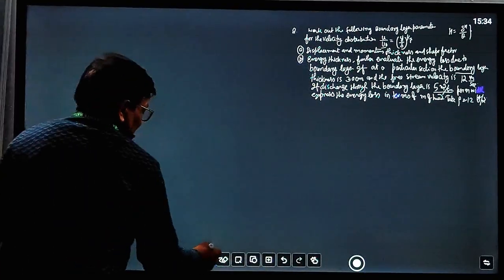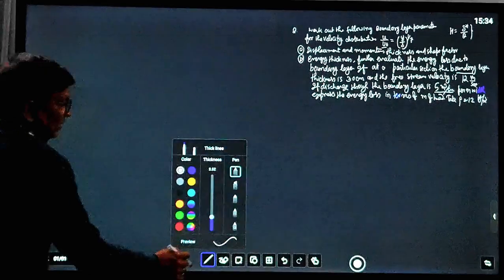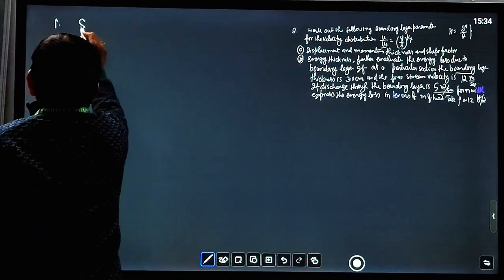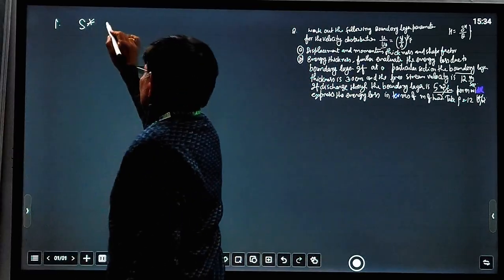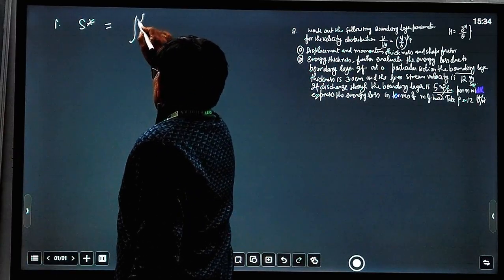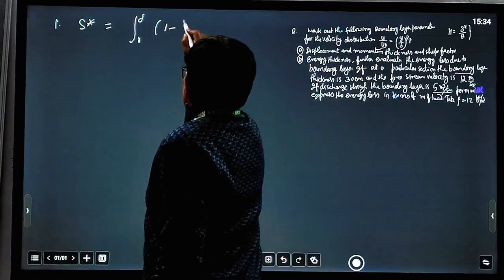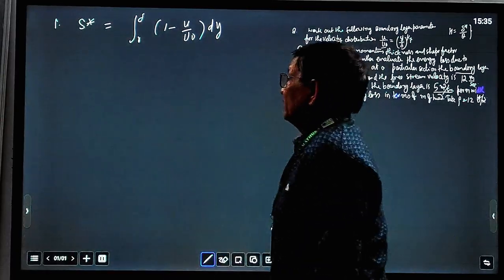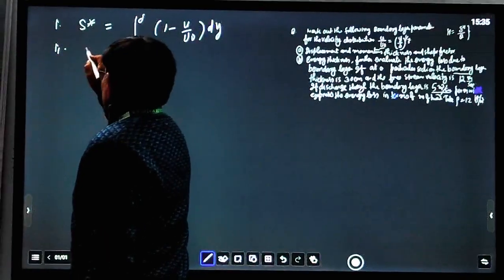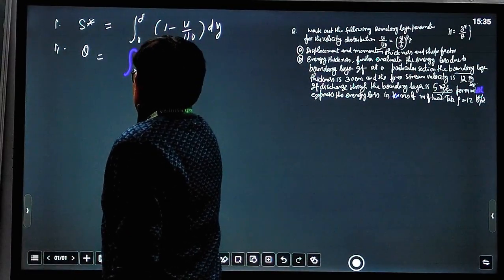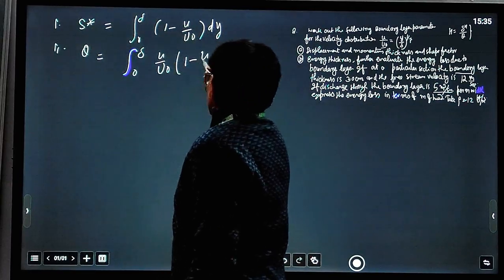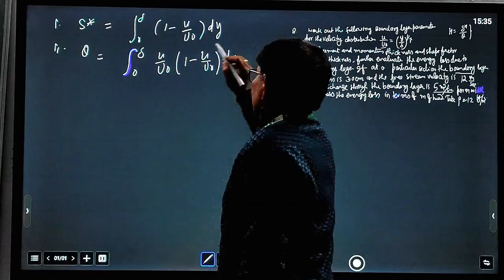So this is the question, and let us recap the formulas required for calculation. First is the displacement thickness. This is defined as integration 0 to del of 1 minus u upon u naught dy. This is the equation for displacement thickness. Second one is the momentum thickness theta, integration 0 to del of u by u naught times 1 minus u by u naught, dy.